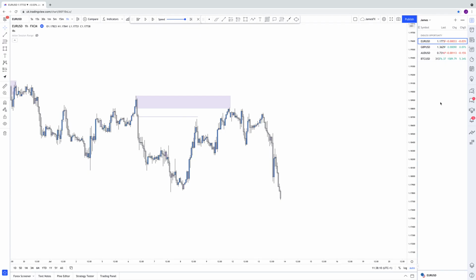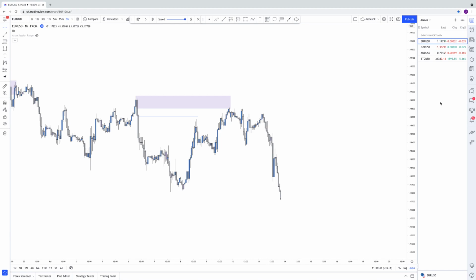So I'm going to make this video on the difference between probabilities and certainty. What I mean by that is understanding what price is actually doing, and that things are happening for a reason. It's not just random price movements and random flag patterns.